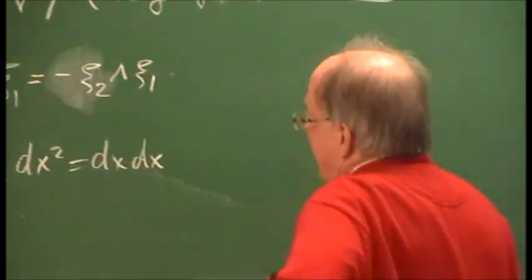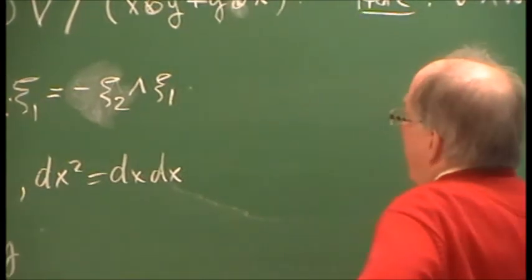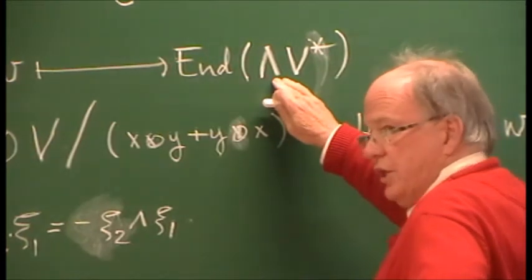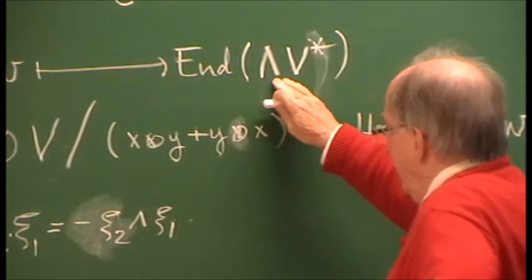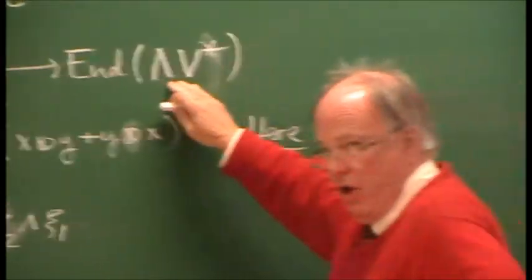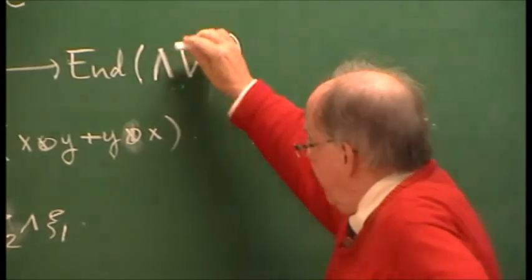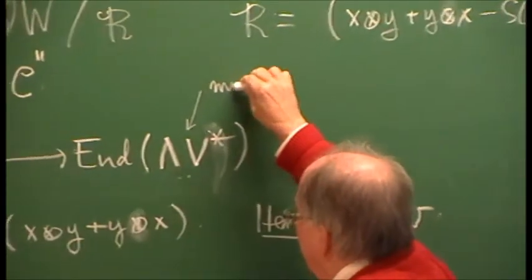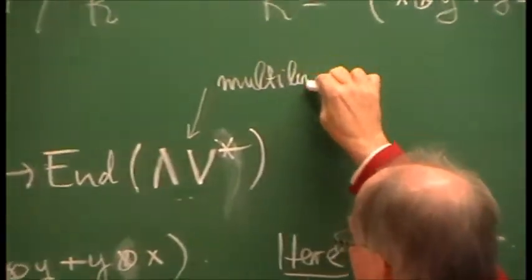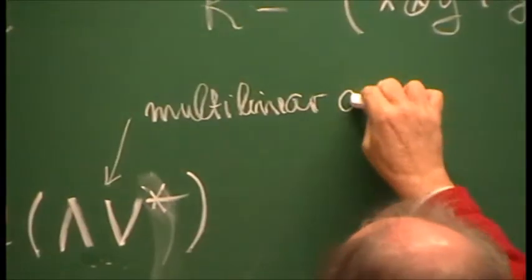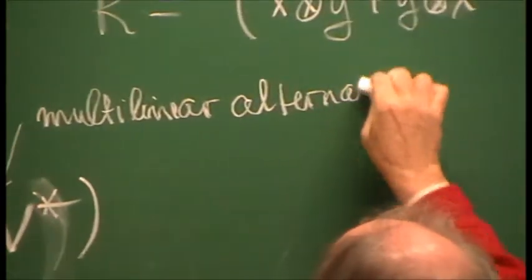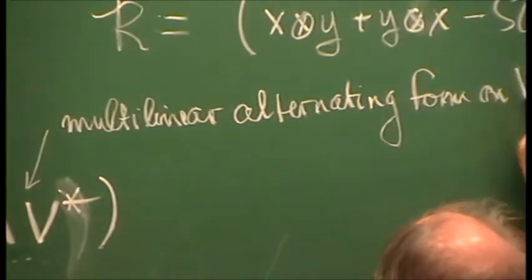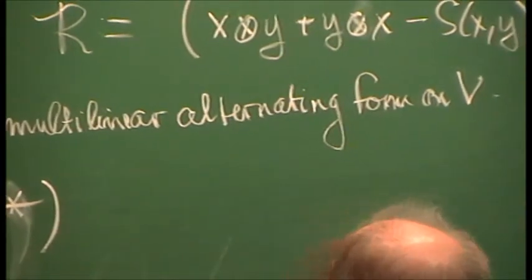All right. Very good. What's going to happen? I take something in here, which is, let's think, I think of this as a multilinear form on V. An object here will be a multilinear alternating form, just like a polynomial, but it's a multilinear alternating form on V. Let's call it omega.